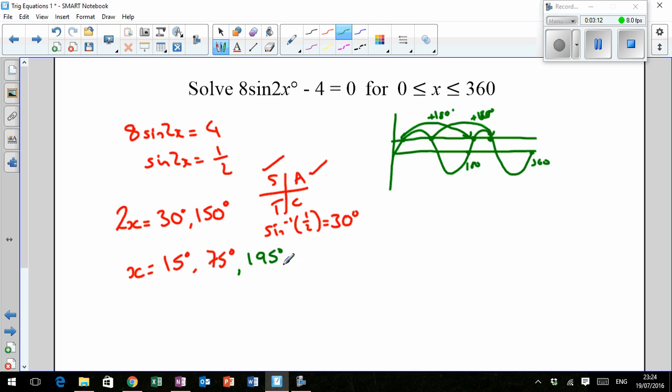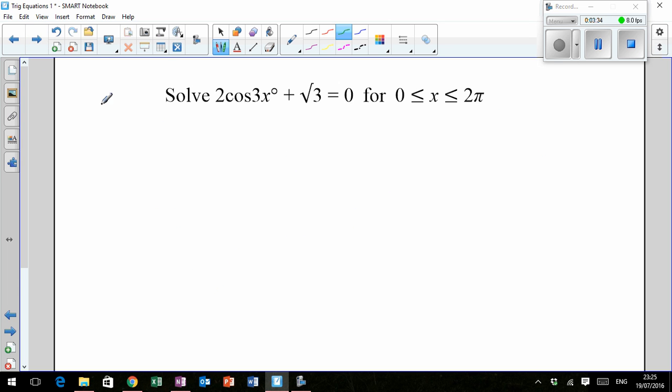Add it on to 75, 255. If we added 180 again to get our next solutions, that's going to take us over this 360. And that's not something we paid a lot of attention to before, that range at the end. You're going to have to now though. Okay, so there's our solution. The first 2 coming from just straightforward. Then we have to consider our periods going forward.